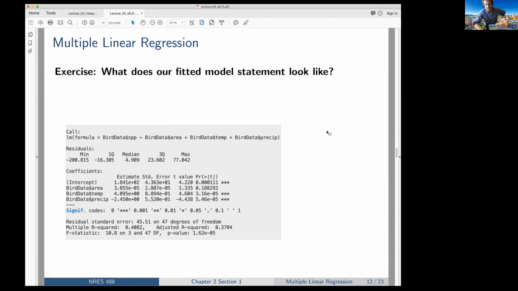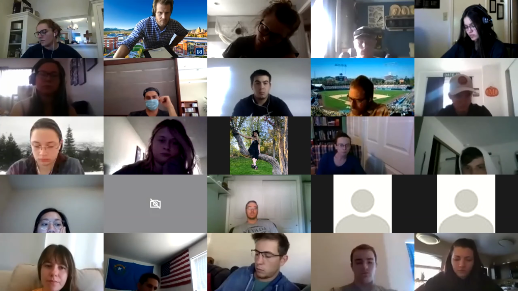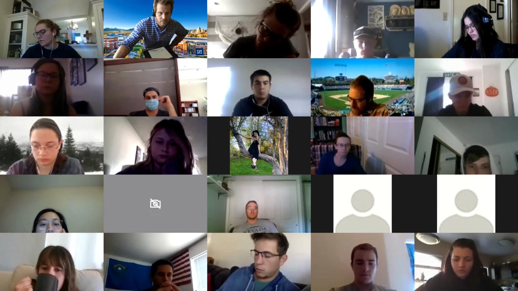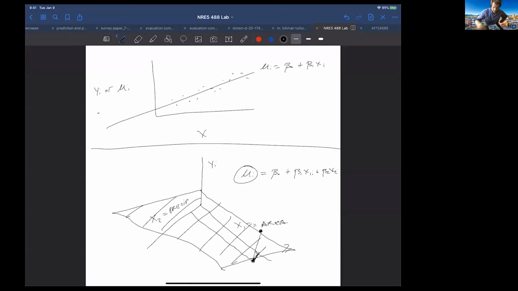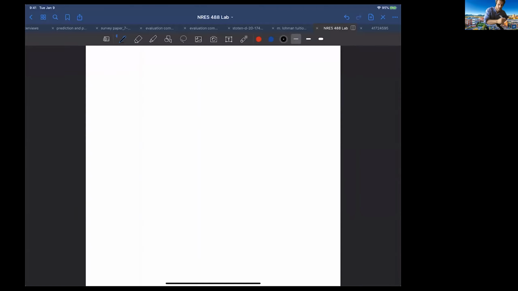Okay, we have 4 minutes left. Let's write out what our fitted model statement looks like. All right, so we can start off with the top.